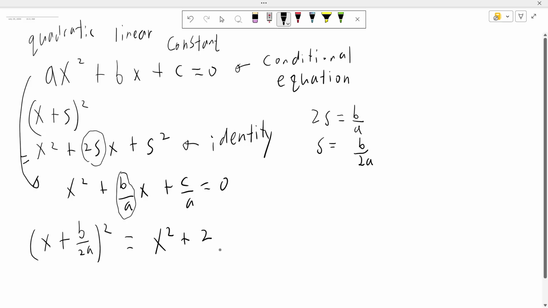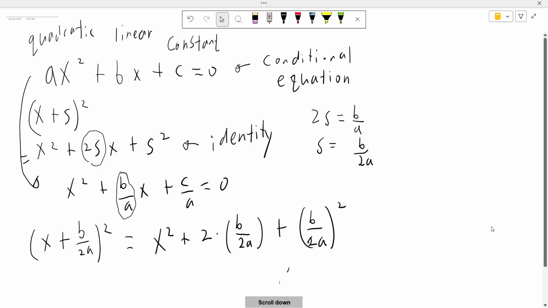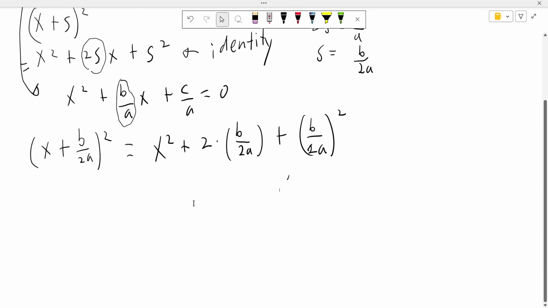You're going to get 2 times whatever you have put in for s. And notice that the 2's here cancel.